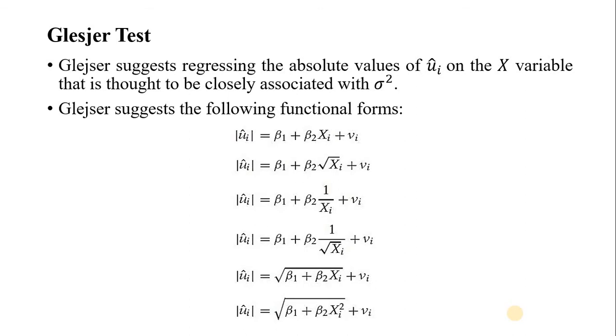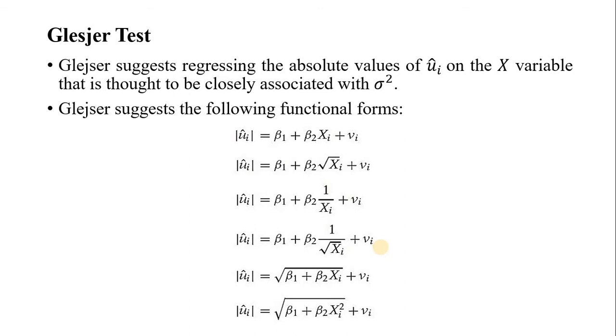The good proxy is, he suggested there are 8 different functional forms, and the first 4 functional forms will be very closely associated with your variance if you have a large sample set.